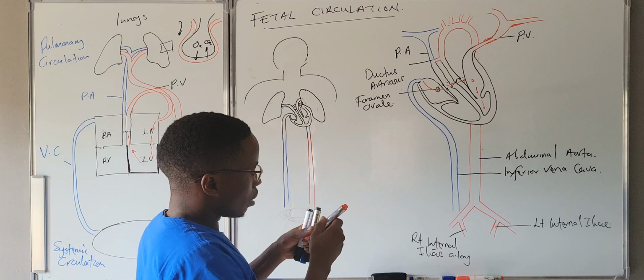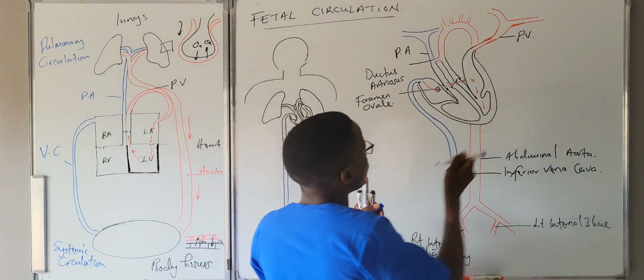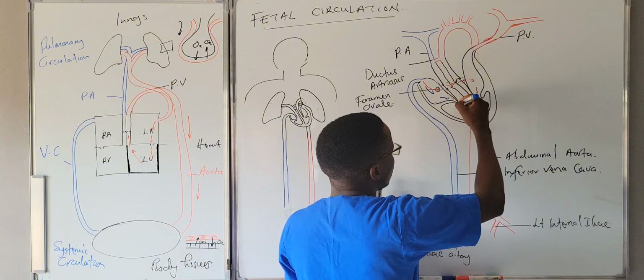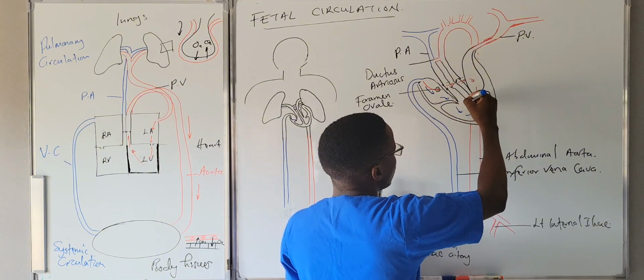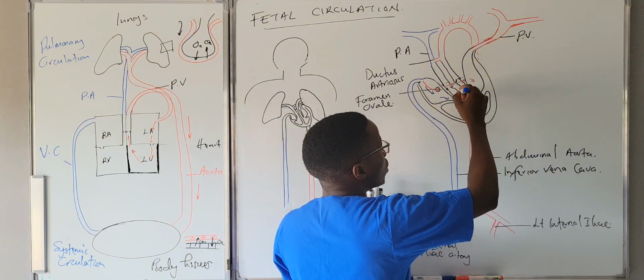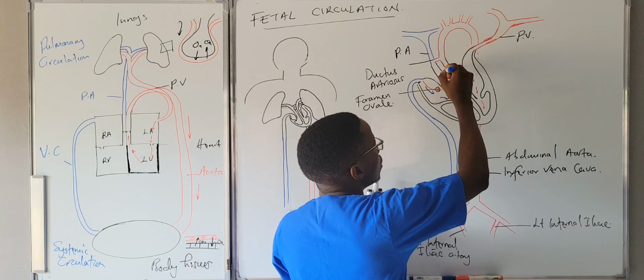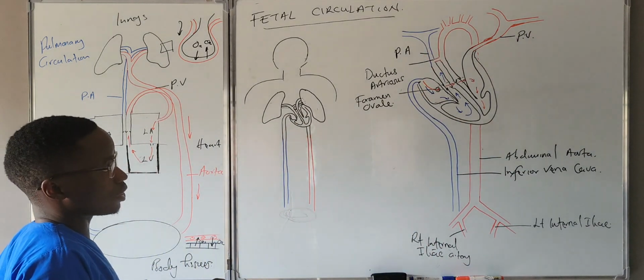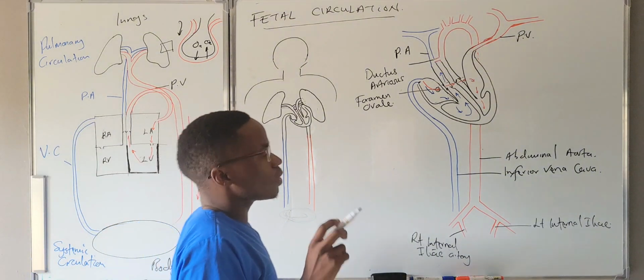However, some of the blood will still come down like that into the right ventricle, and it will be pumped out through the pulmonary artery.